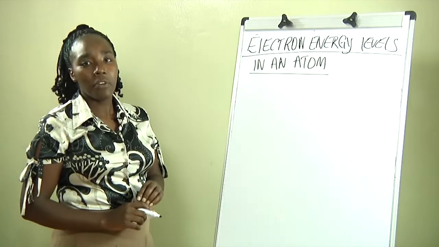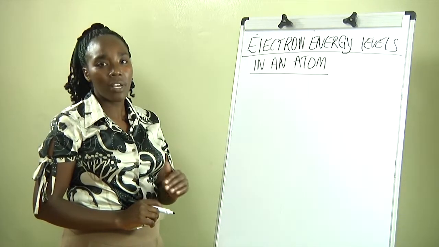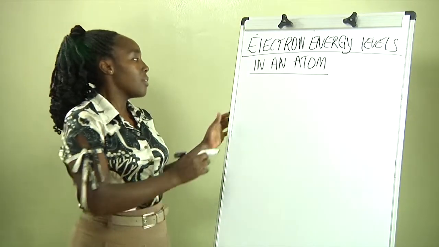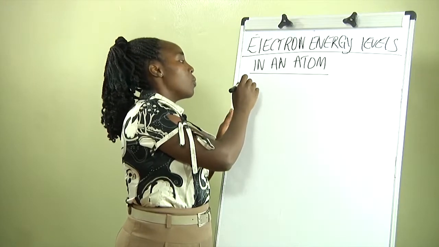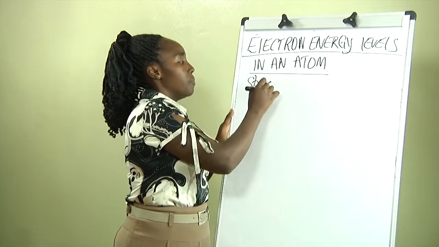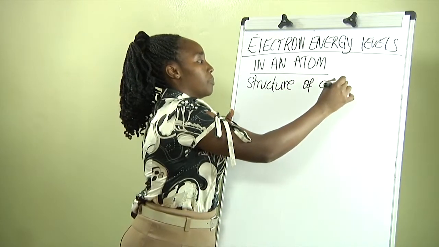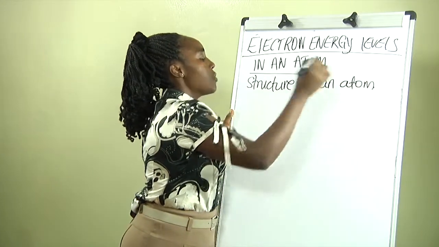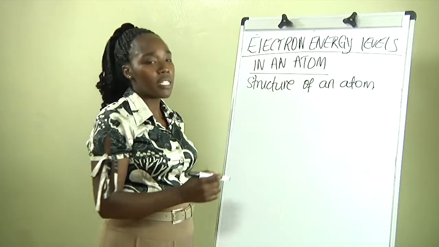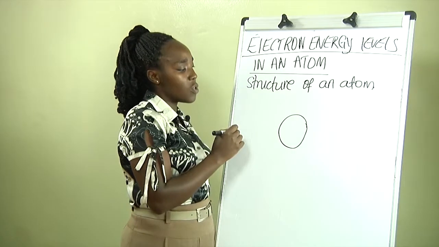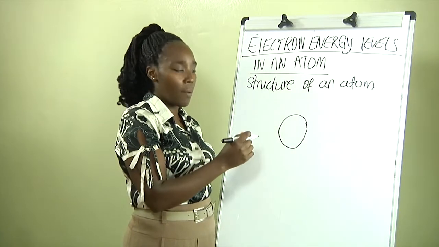So in our very first lesson in the Form 2 work, I can remind you of what we learned. We drew the structure of an atom. The structure of an atom consisted of the nucleus, which was occupying the innermost part of our atom.